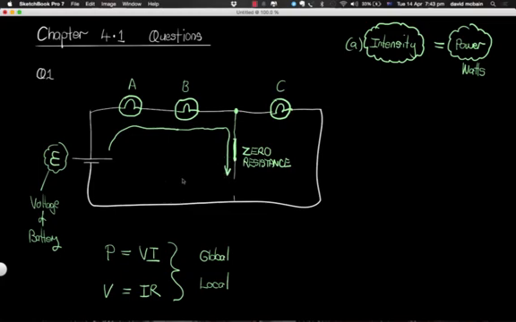So that effectively means 2 things. Firstly, it means that because no current is now passing through this part of the circuit, it's basically not functioning. So we can almost eliminate that now from the circuit. So now all the current is just going to pass through these 2 globes and back to the battery.